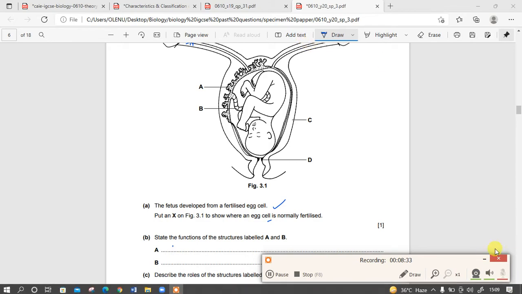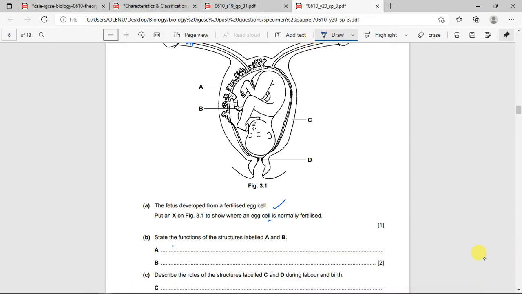So first, this is A. What is A? If you need to identify what it is, then we'll be able to state the function. So this is the placenta, and this is the umbilical cord. The function of A is it allows for the exchange of material between the mother and the fetus.